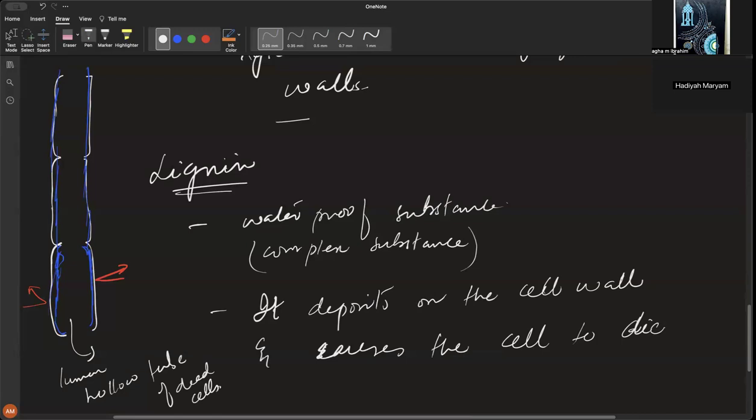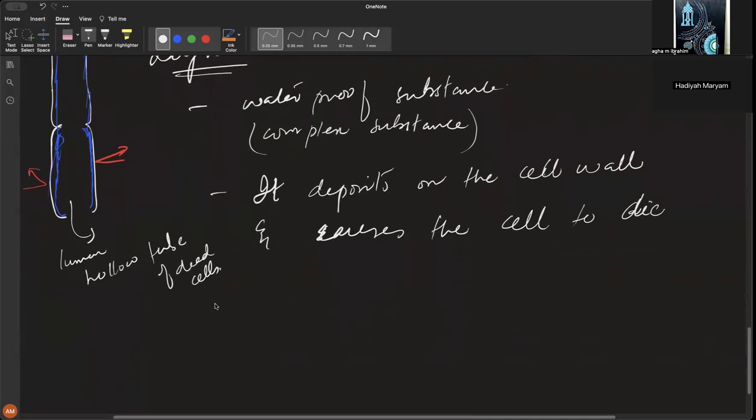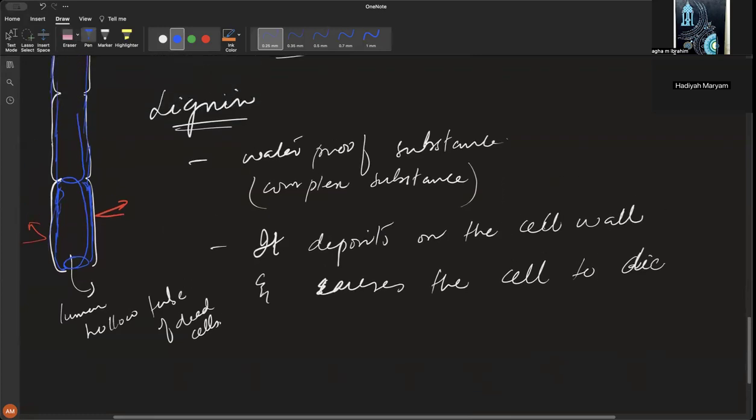There are different patterns in which this lignin deposits. Sometimes the lignin deposits in spiral forms like this, and sometimes the deposition is like this. Sometimes they deposit, but there are certain places where they do not get deposited, so they form pits of no lignin deposition.